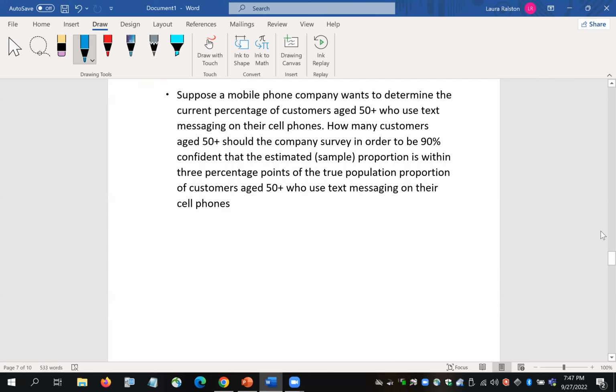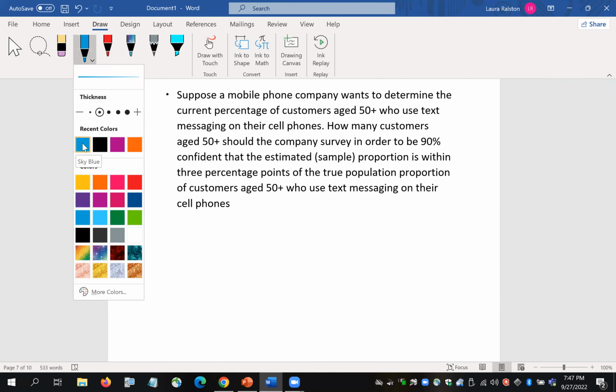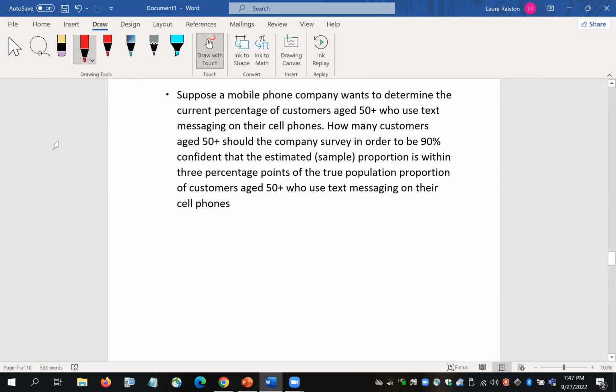Now, here again, you got to remember that you got to deal with the sample size for proportions. But again, nowhere in that problem does it talk about the mean or the average. In fact, multiple times it uses the word proportion. It also uses the word percentage.